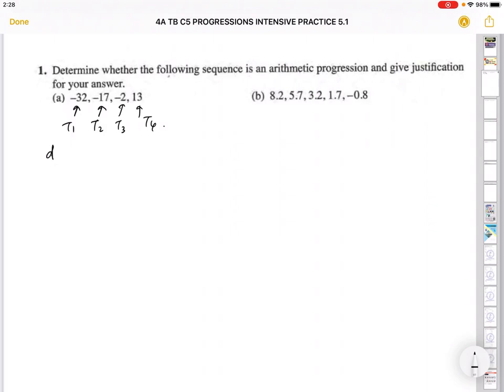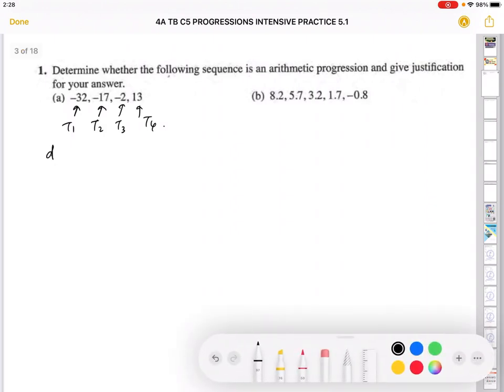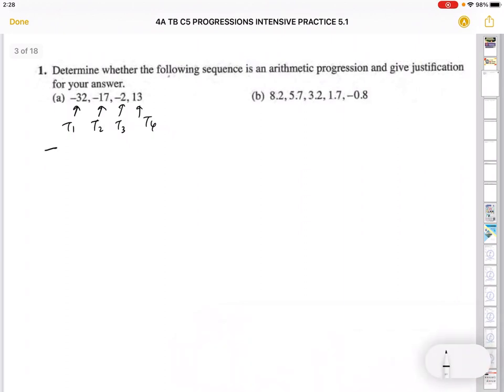And that common difference, I don't have to write D, I'll just take the difference between the second term and the first term. So take T2, negative 17, minus T1, negative 32, you get plus 32 minus 17, 15.